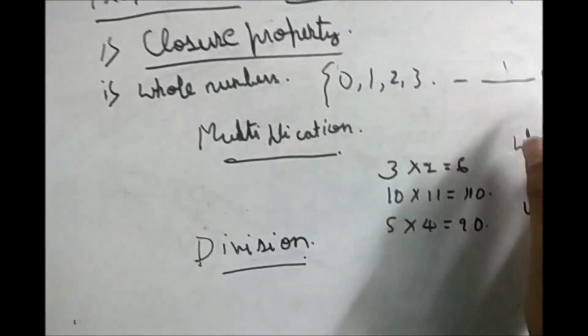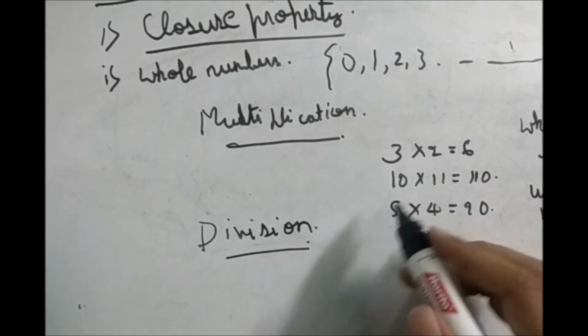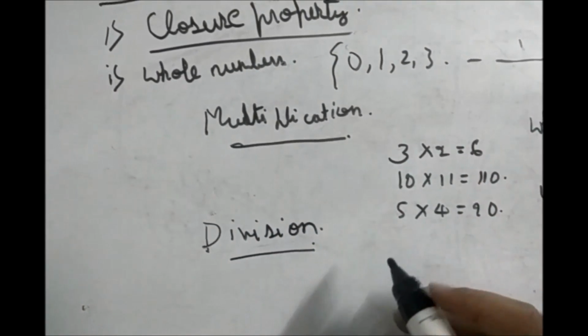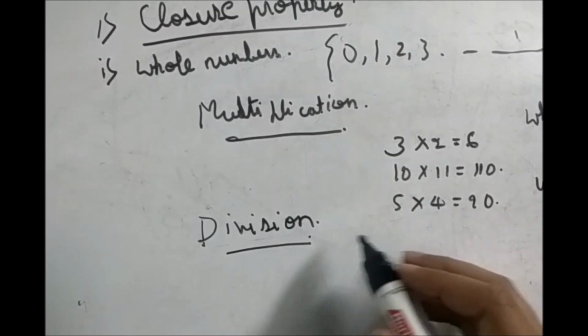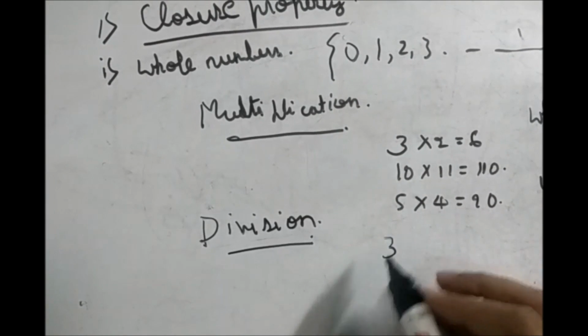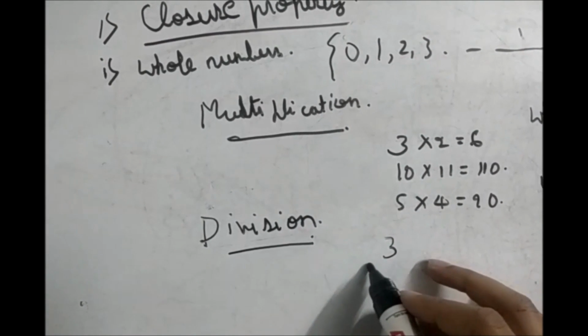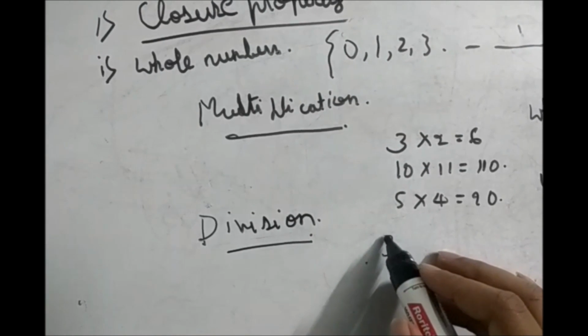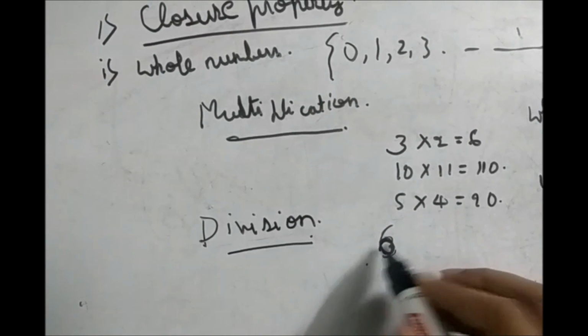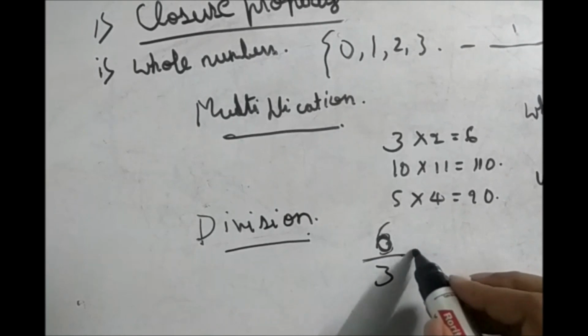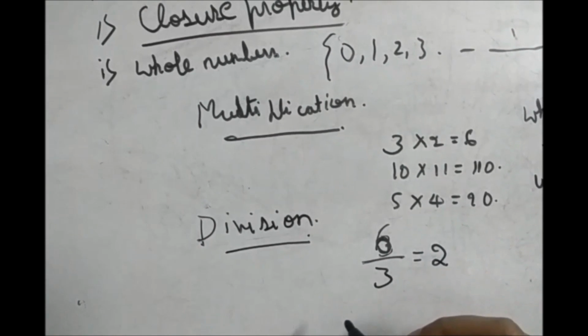Now let's see for division. We can consider any element from the set of whole numbers for checking any of the properties. Okay, let's take 6 divided by 3, we'll get 2.